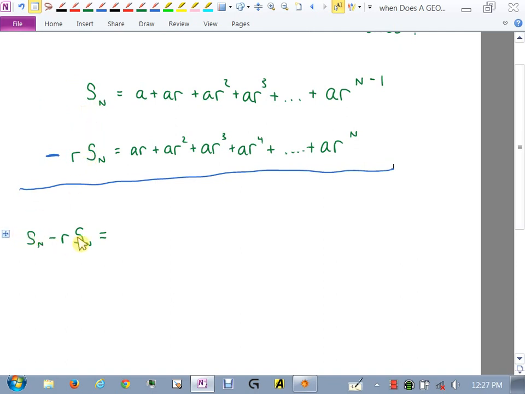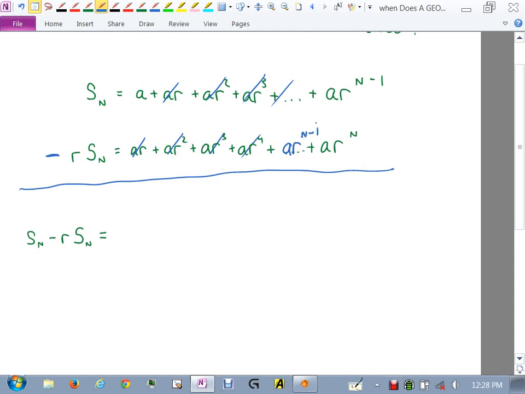That minus that is this: A minus, or all of this minus all of this. Do you see all the cancellation that happens here? This AR cancels AR, AR squared, AR cubed, AR to the fourth. How about this AR to the n minus 1? Does it cancel? Isn't the one right in front of this one AR to the n minus 1?